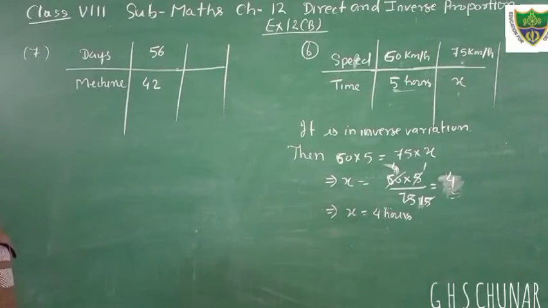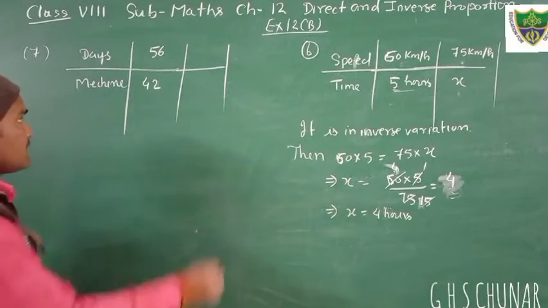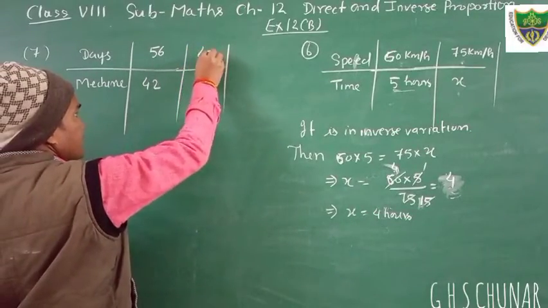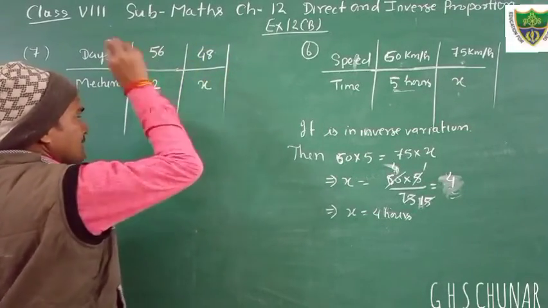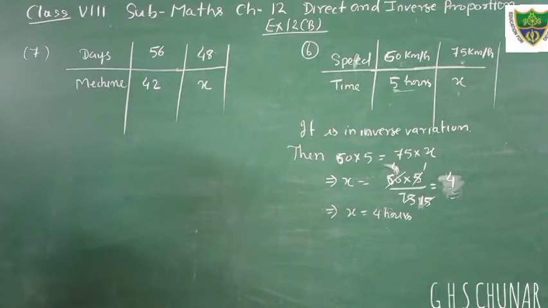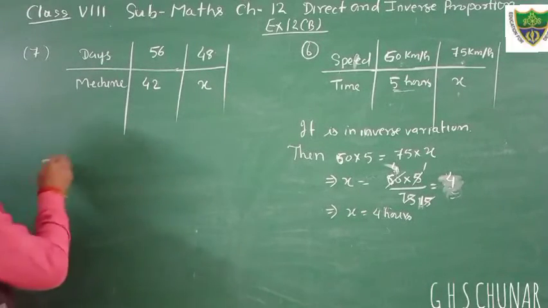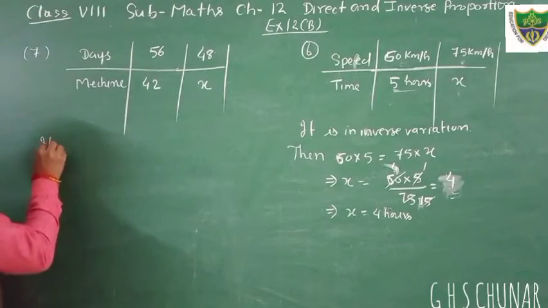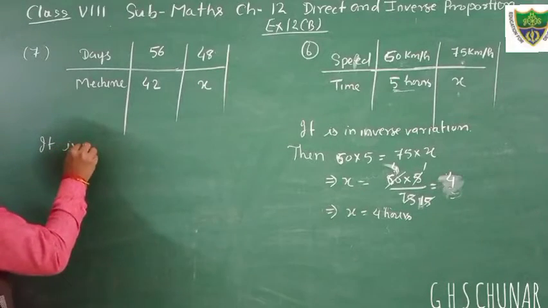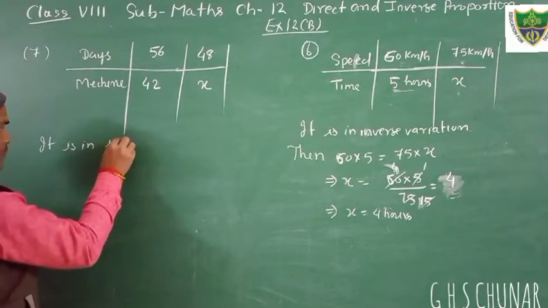Then how many machines will be required to produce the same number of articles in 48 days? That is 48 days, and the machines will be x. Now it is in inverse variation.